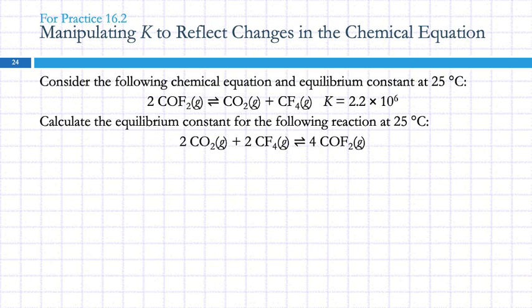Okay, so that was more of a baby practice question. So this one's got a real chemical equation with a real rate constant. Consider the following chemical equation and equilibrium constant at 25 degrees Celsius. Calculate the equilibrium constant for the following reaction at 25 degrees Celsius. Why are they specifying the temperature? Do we need to use that in the calculation?